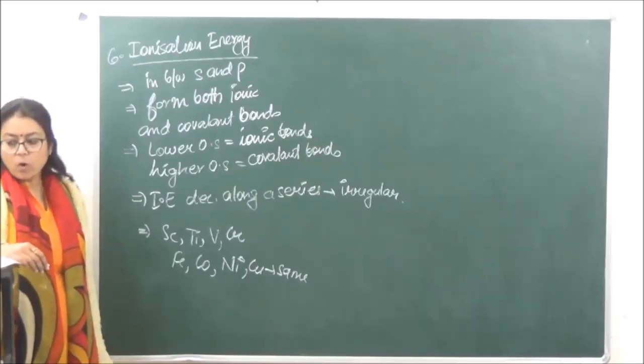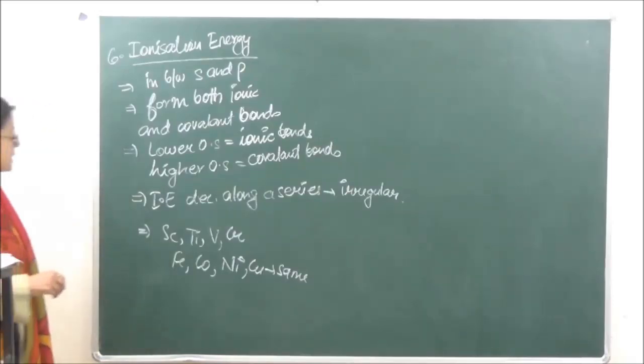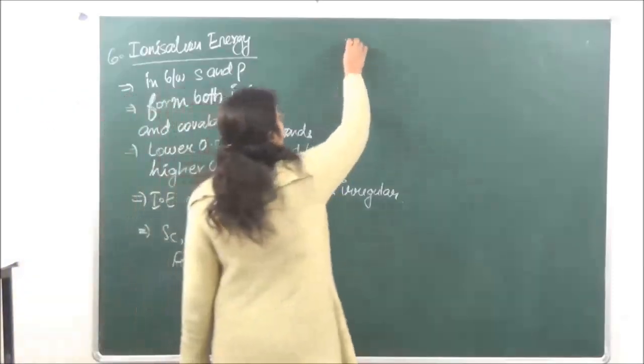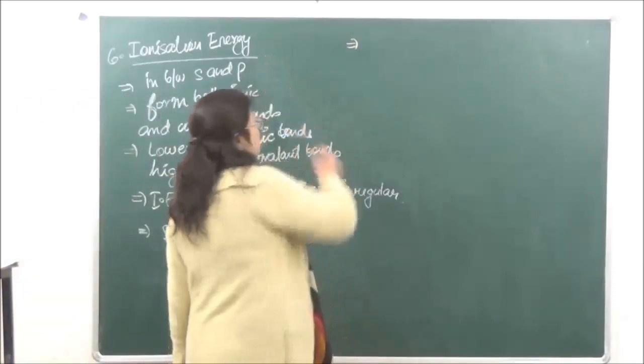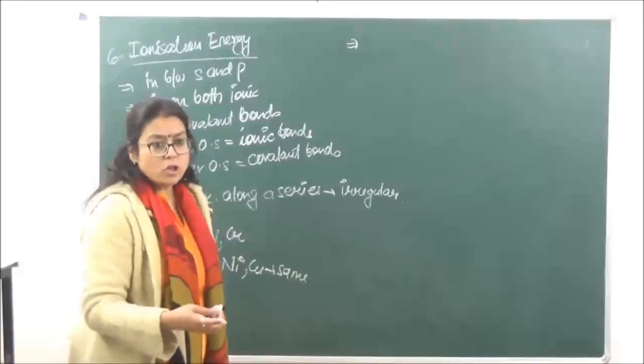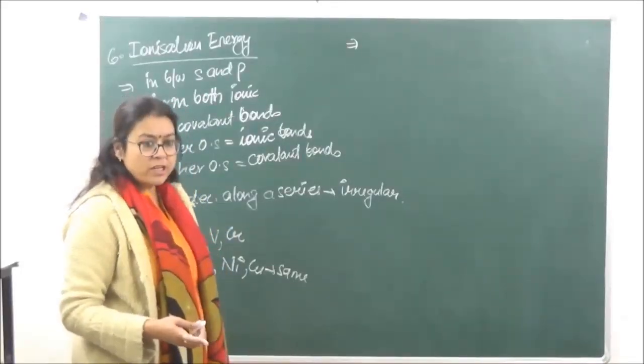Okay? Now over here we say that the ionization energy of zinc, this is a very, very important concept because this will go on to your next topic, which is standard electrode potentials.